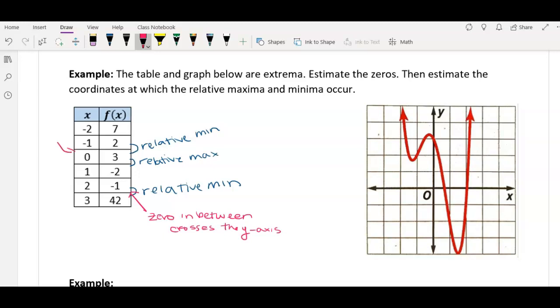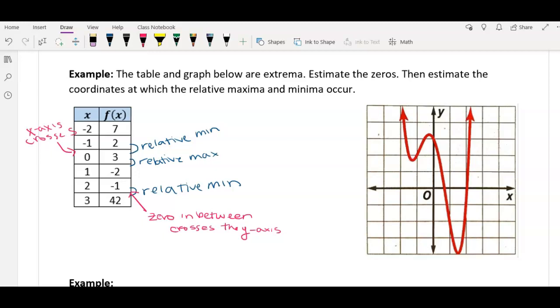If we take a look over here, we have a 0 right here. So this is our x-axis right here, where it crosses. So here we've identified 2 relative mins, 1 relative max, where it crosses the x-axis and where it crosses the y-axis. Now if we go over here, we should see those same reference points.